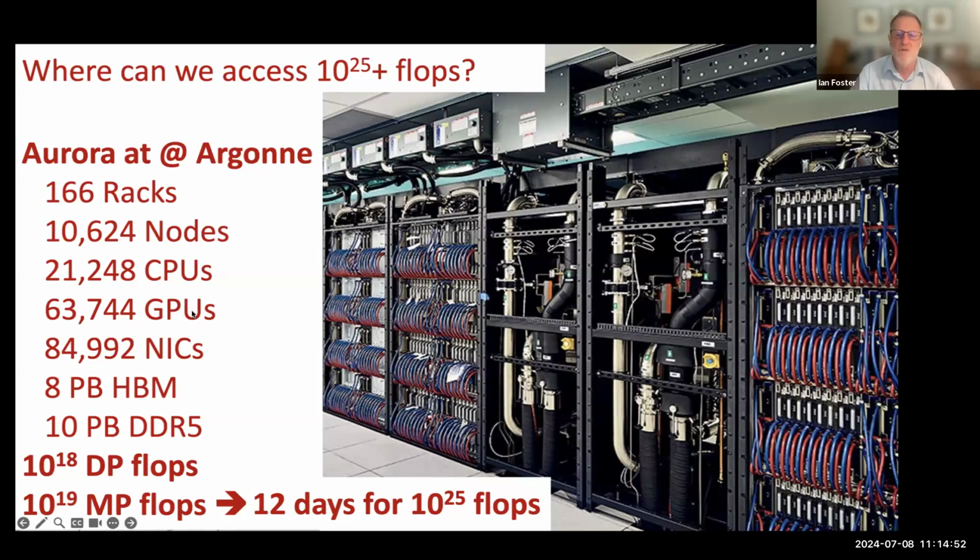So an unconventional GPU, but one that seems to be performing quite well. It can perform 10 to the 18th double precision floating point operations per second, and actually more than 10 to the 19th mixed precision floating point operations. So in 12 days, it can perform our 10 to the 25th floating point operations, if that's what we want to train a model.